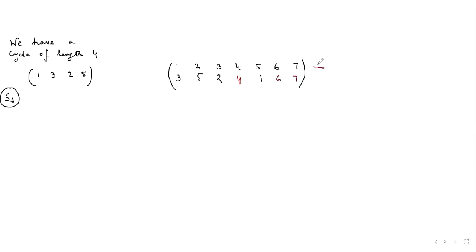But you see, this permutation is actually a member of S7. It is not a member of S6, but you wanted me to give the permutation of S6. That means we are not in agreement. I am thinking about S7 and you are thinking about S6. So the answer which you want to obtain from me will not be correct because of this misinterpretation.